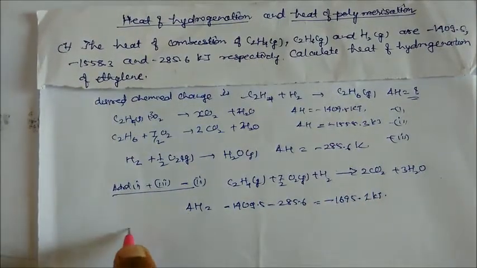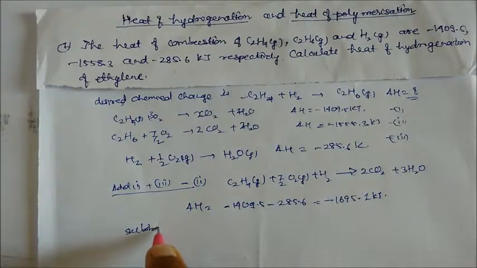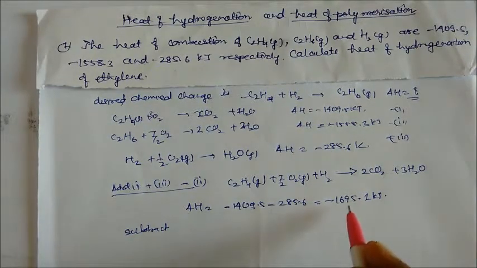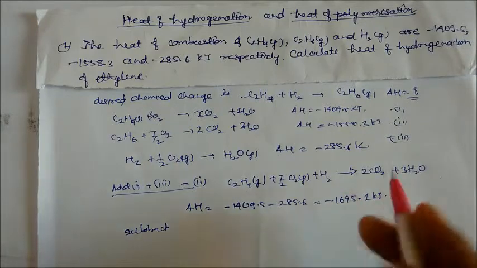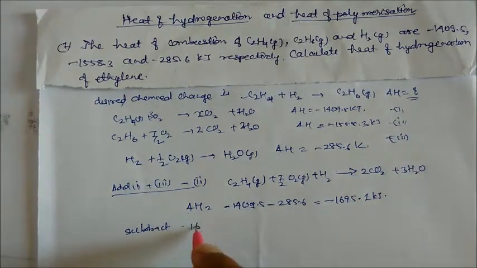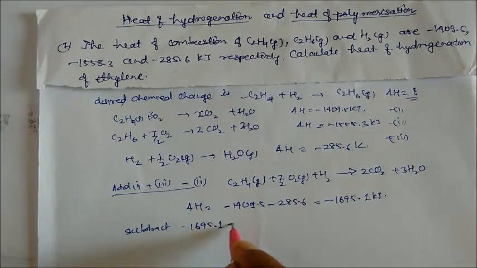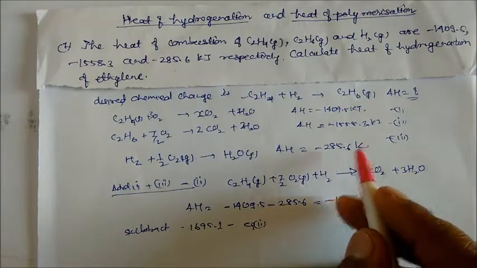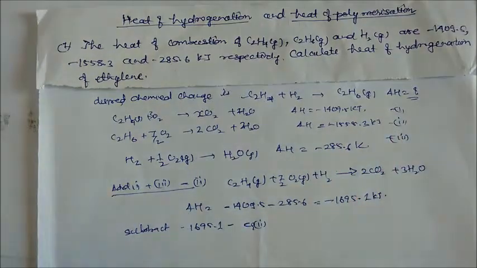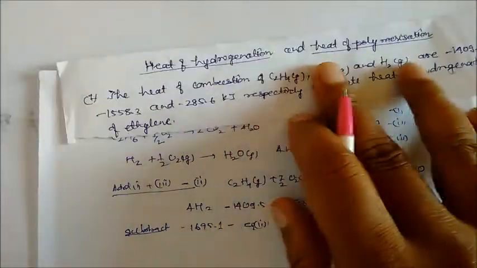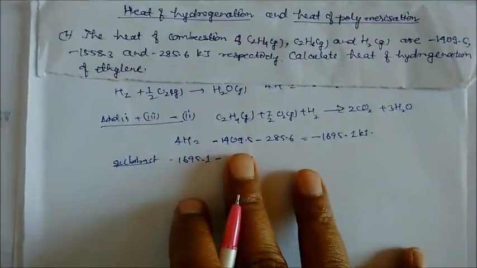Now we have to subtract this value 1695.1 minus equation 2. Equation 2 is given here, 1558.3 kilojoule respectively. So we'll get the value here.